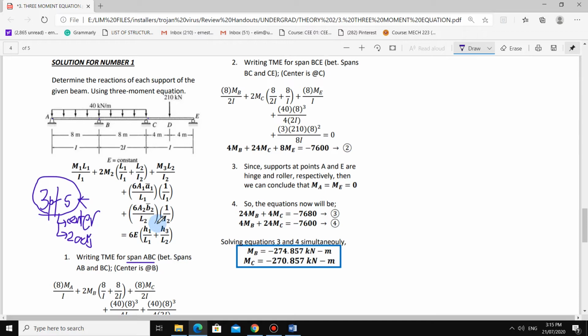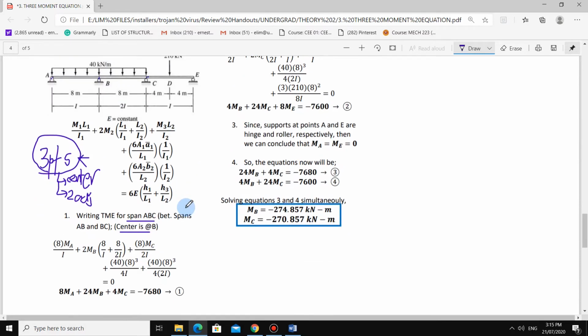In this case, for span ABC, our center is B, with adjacent supports at A and C.